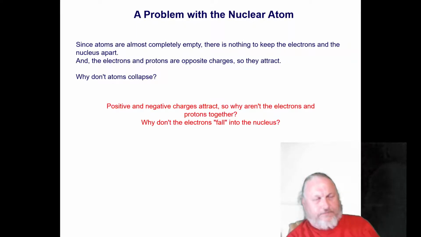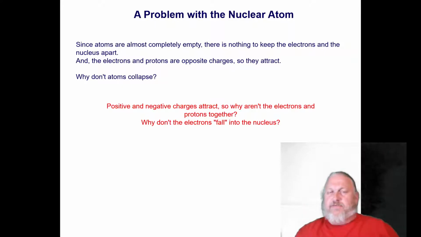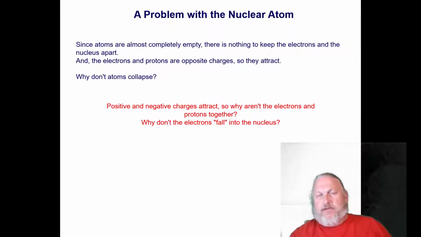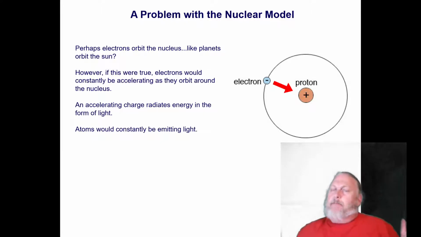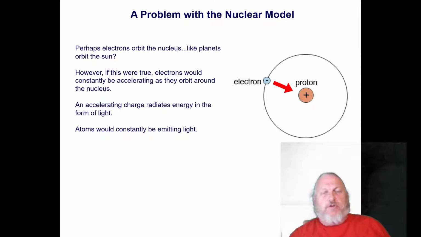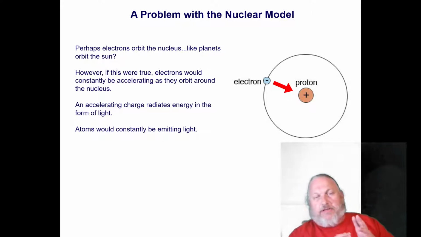Here's why. Positive and negative charges attract. Why don't the electrons fall into the nucleus? Okay. Maybe they orbit around the nucleus like the planets orbit around the sun. But if this was true, they would constantly be accelerating as they orbit around the nucleus.